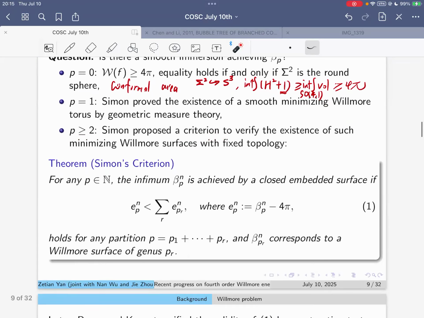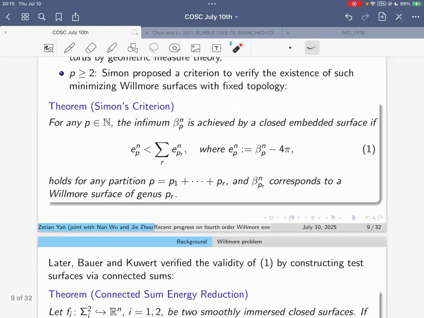So this is a criterion. Here, this quantity can be regarded as a function of the genus, and this criterion can be regarded as a concave condition, a concave property of this function.